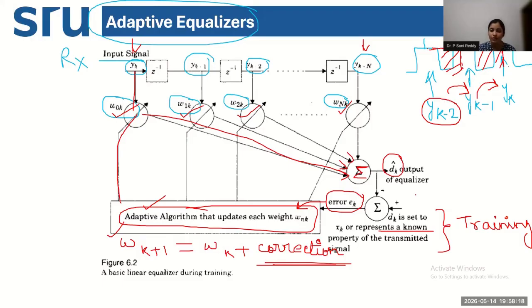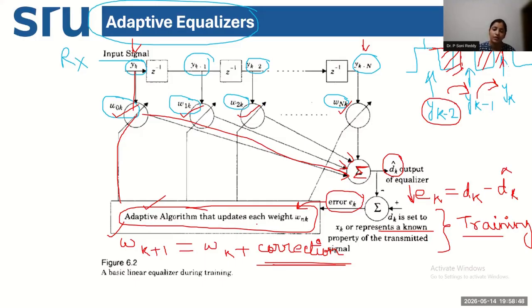So what is my error factor ek here? ek is nothing but the actual transmitted signal minus your regenerated output at the equalizer end. So this is your error signal here. This process will continue until this error signal is reducing in time. So what are we doing? We are always using the training sequence.